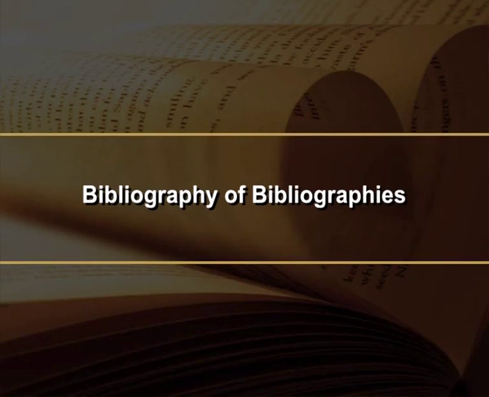Bibliography of bibliographies. It is a list of bibliographies recorded in a systematic and logical order. It consists of all types of bibliographies in various subject fields. Example, a world bibliography of bibliographies and of bibliographical catalogues, calendars, abstracts, digest, indexes and the like by Theodor Besterman.